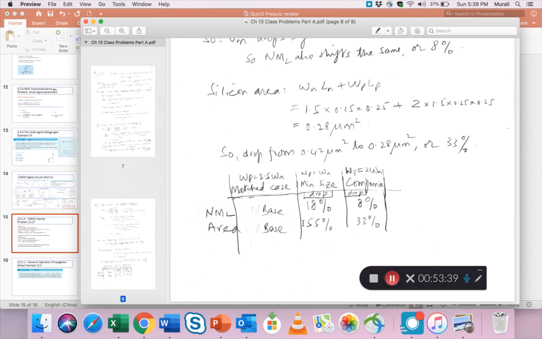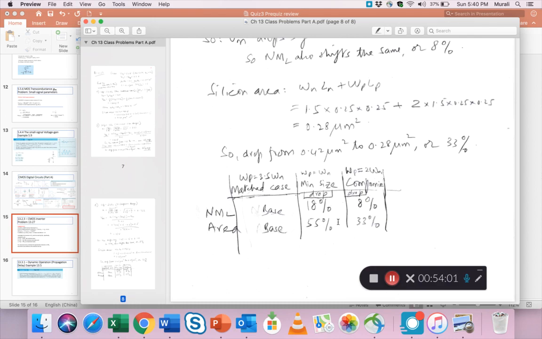So I've tried to summarize everything here. Area drops, but the NML, the noise margin, also drops. So in a way the performance is not so good, right? For the matched case we take it as the best performance, but not the area, which is the worst.